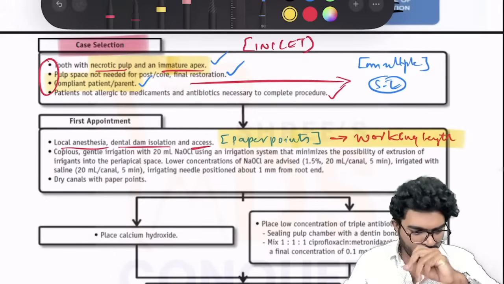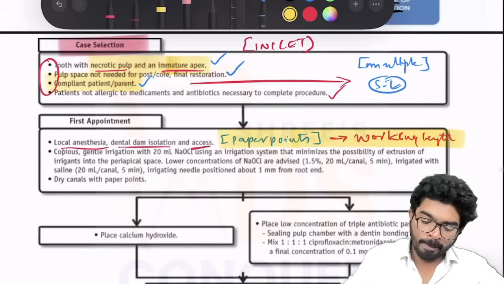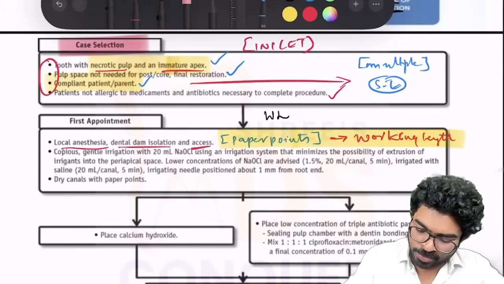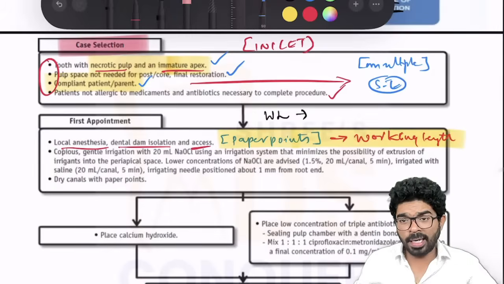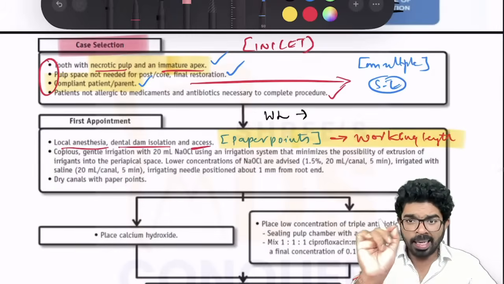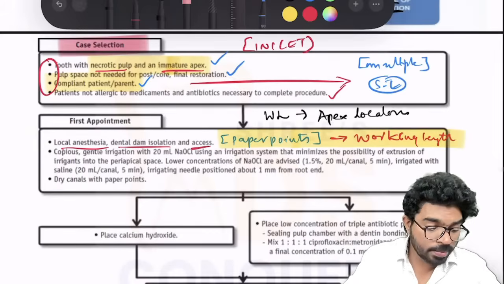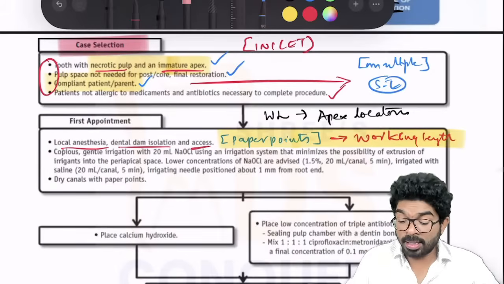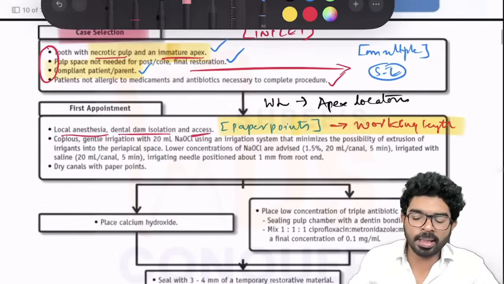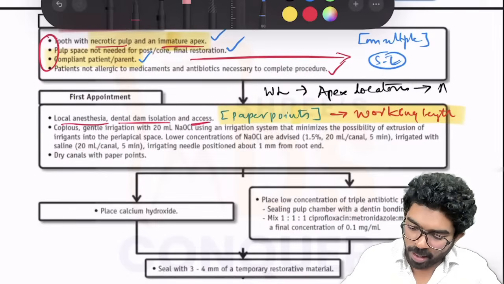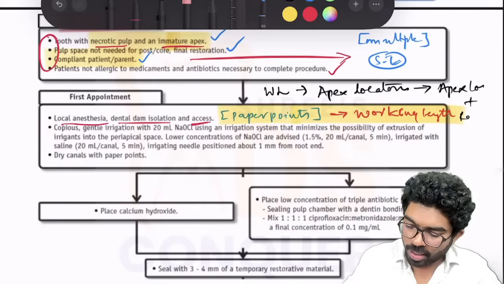Normally, the best method of determining the working length, anyone? If it is a single method, the answer is apex locators. If they're asking a combination method, then your answer is apex locator confirmed with a radiograph.